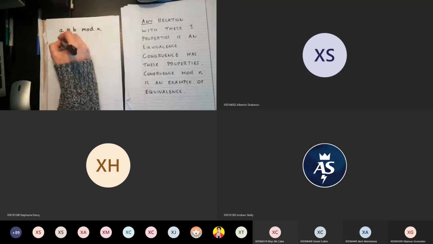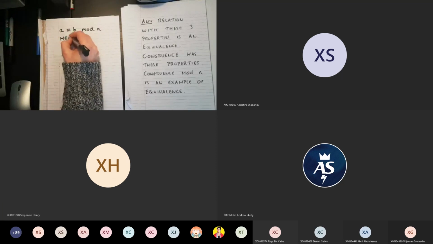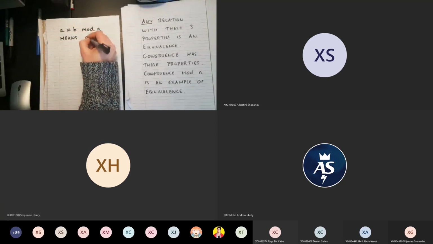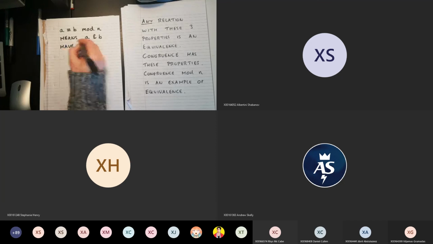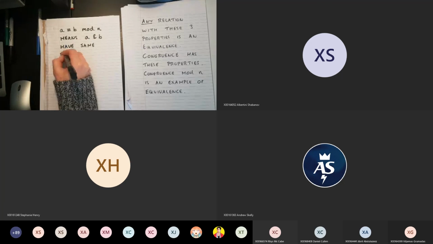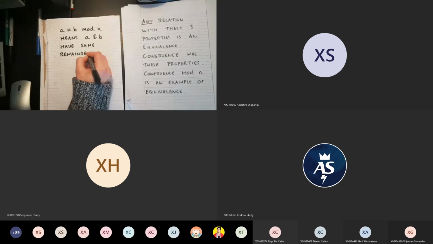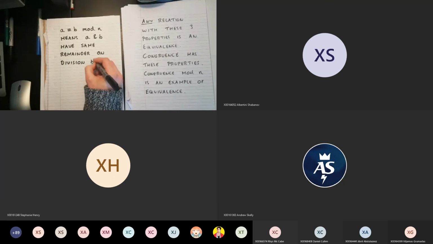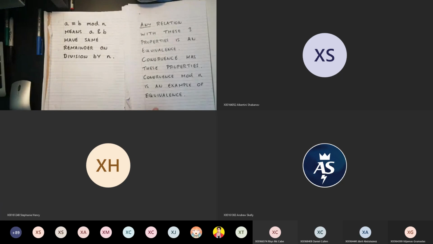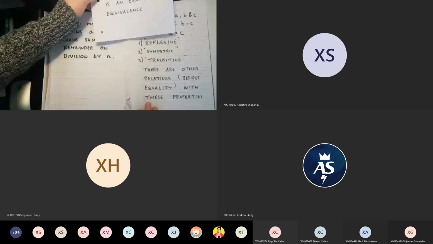What does that mean? It means that A and B have the same remainder on division by n. Well, let's look at these properties.